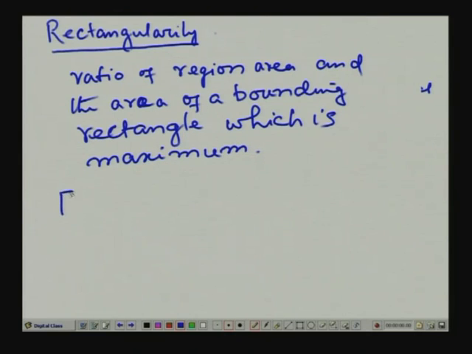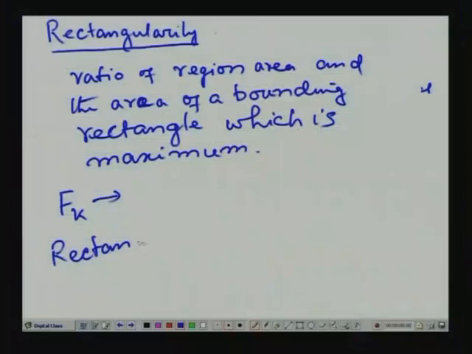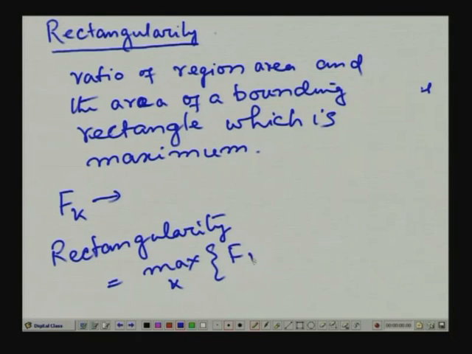So, if I say that f k is the ratio of the region area to the area of a bounding rectangle having direction k, then the rectangularity will be defined simply as maximum over k of f k.